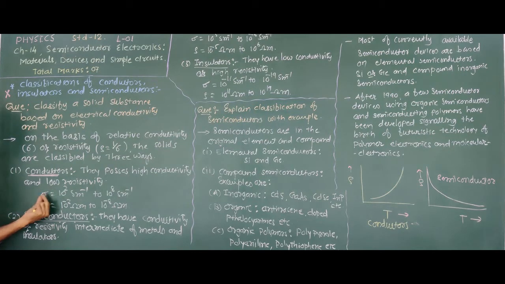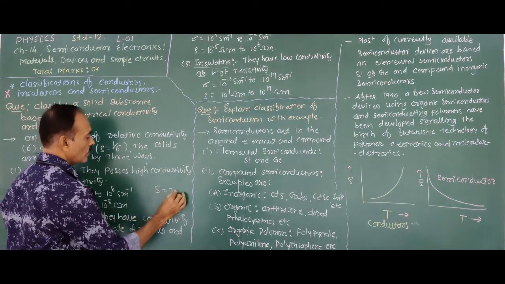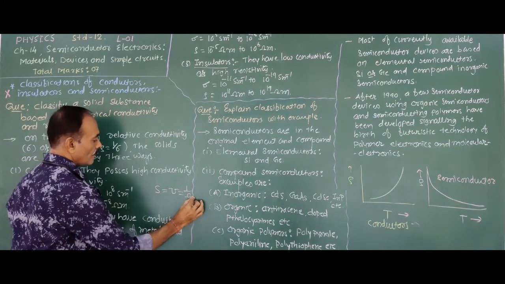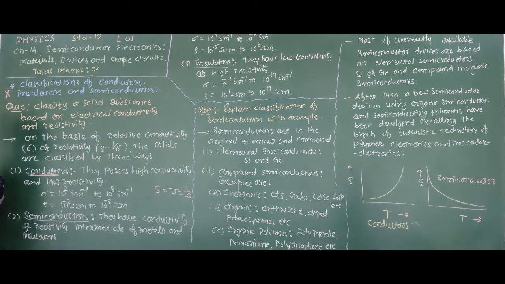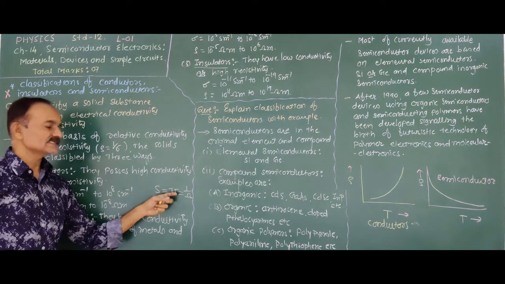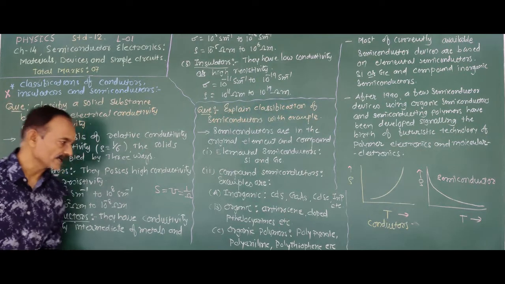The value of conductivity for a conductor is 10^-2 Siemens per meter to 10^8 Siemens per meter. What is the Siemens? S is mho, or the reciprocal of ohm.